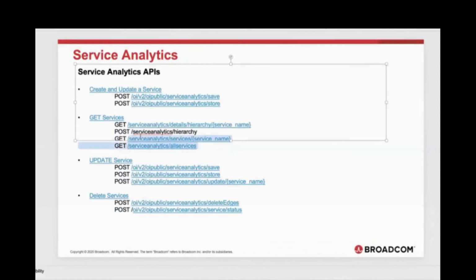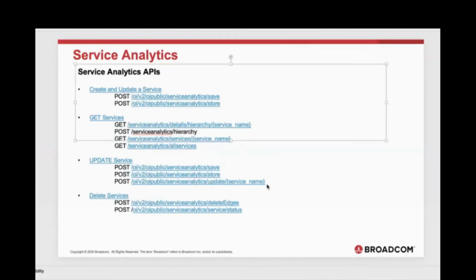These GET APIs are all accessible through both the gateway endpoint and the admin UI endpoint, and through both tokens, the user as well as the tenant. For the update APIs, we can do save and store on the admin UI route with a token, and also update, which we can use to update the attributes of a service.